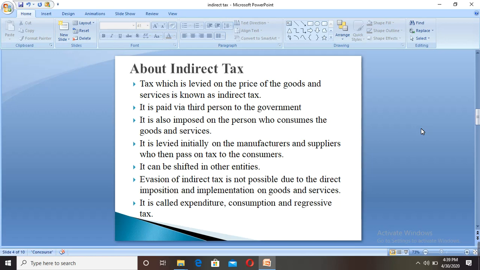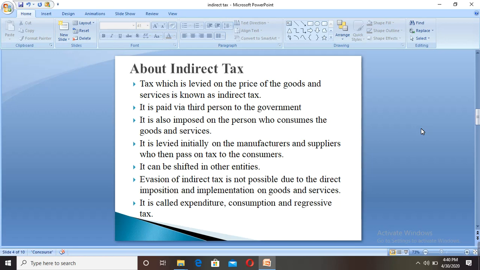However, indirect tax is not levied on the income and property of the taxpayers. It is levied on the persons who consume goods and services. From that perspective, indirect tax is also known as expenditure tax, consumption tax, and regressive tax as well.